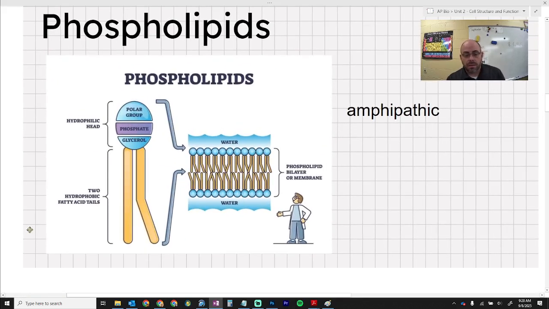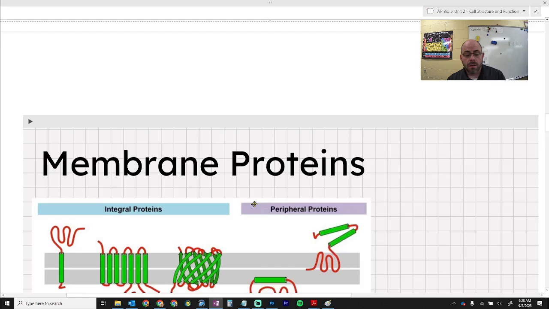Now, not any one part is both, but it has two different sections. One of them is hydrophilic, the other one is hydrophobic. There are other amphipathic things that we're going to look at, but this amphipathic nature of phospholipids allows the membrane to be semi-permeable. Certain things can come in and out, certain things can't, right?